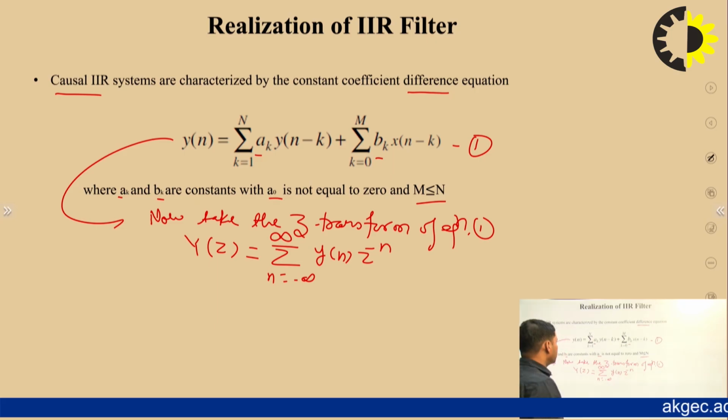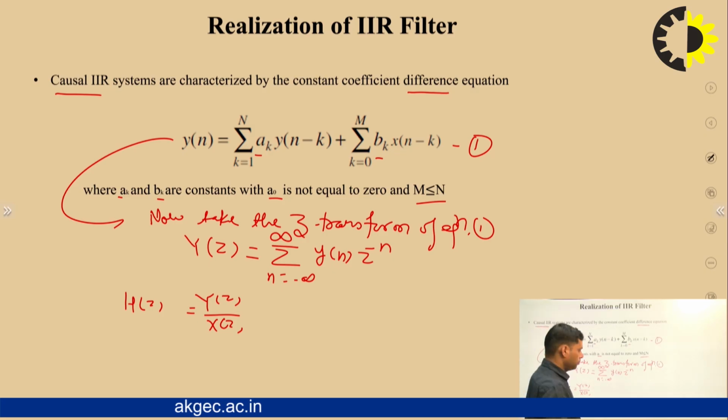When we put this in the place of y of n, the final result is Y of z upon X of z, which is equal to the transfer function of the overall system, H of z.